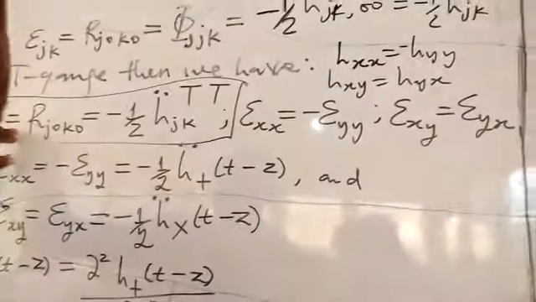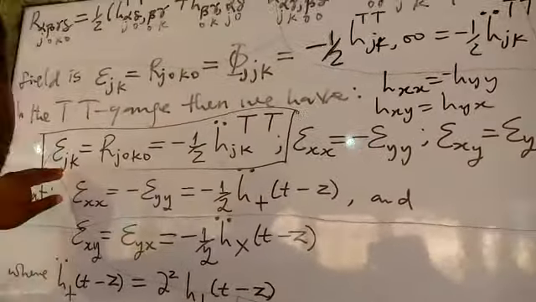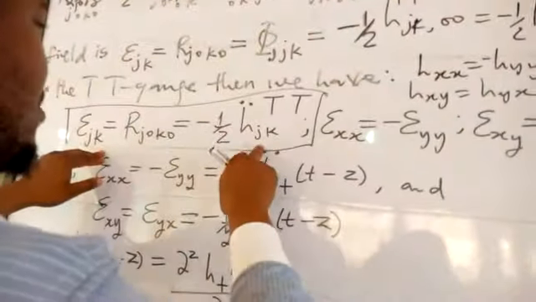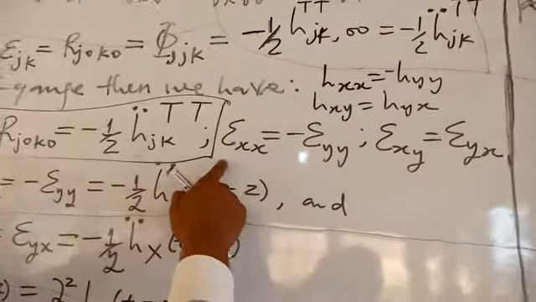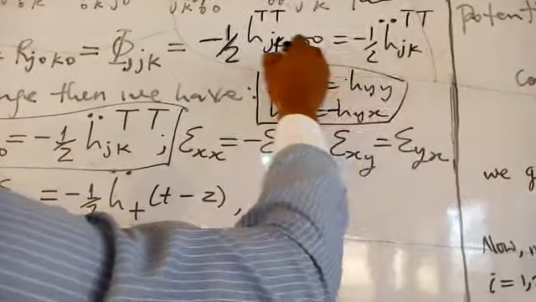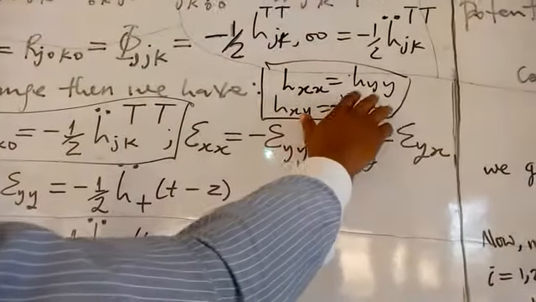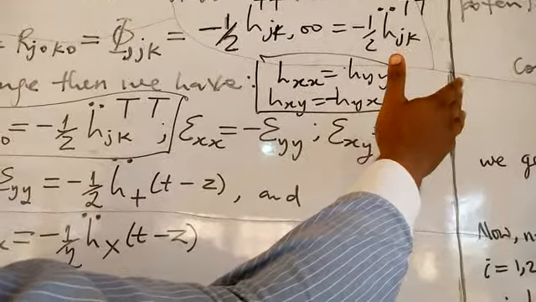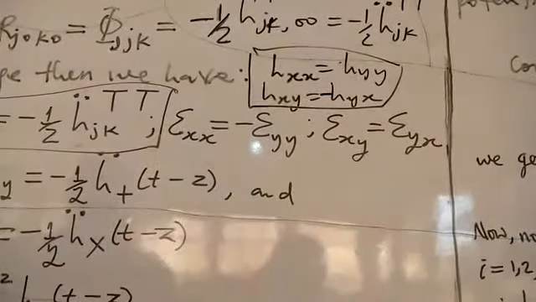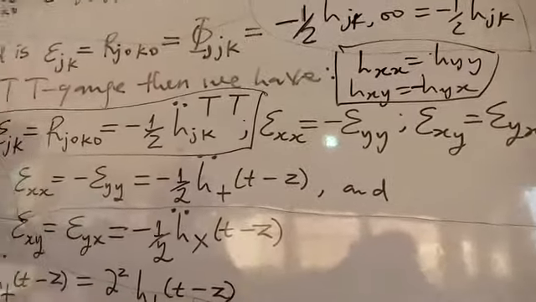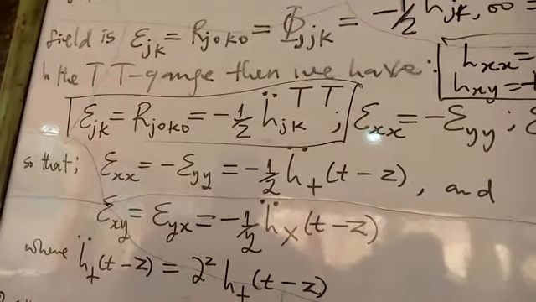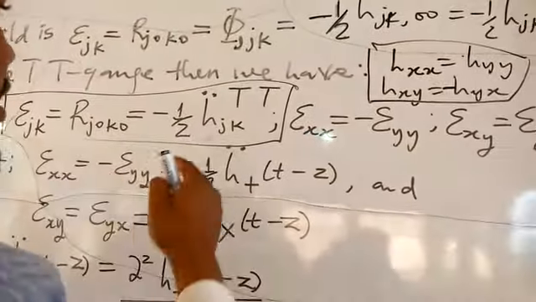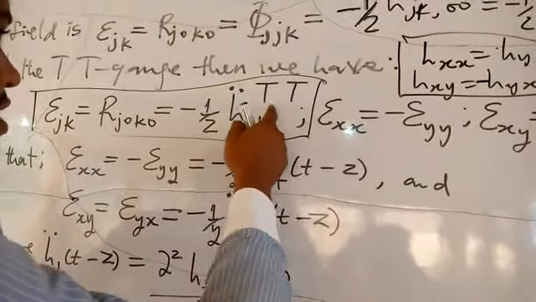Because if this is xx, and this will be xx, if I take this to be yy, then this should take the minus. Sorry, I don't have this expression written, but I don't want that to be a confusion. You can just rewind a little bit and you'll see where we have written what that should be. It just means that this being equal to that, equal to minus half h dot dot of jk, the double time derivative of h_jk in the TT gauge.